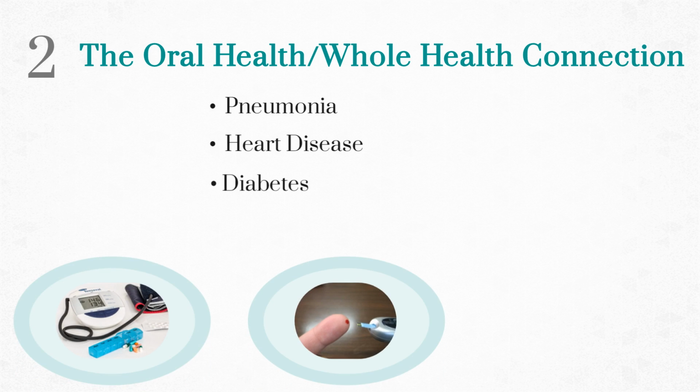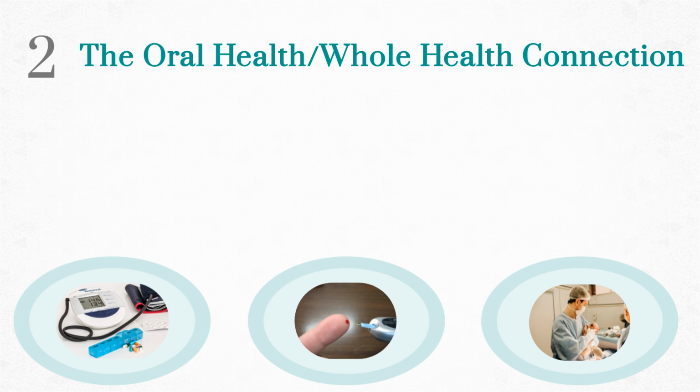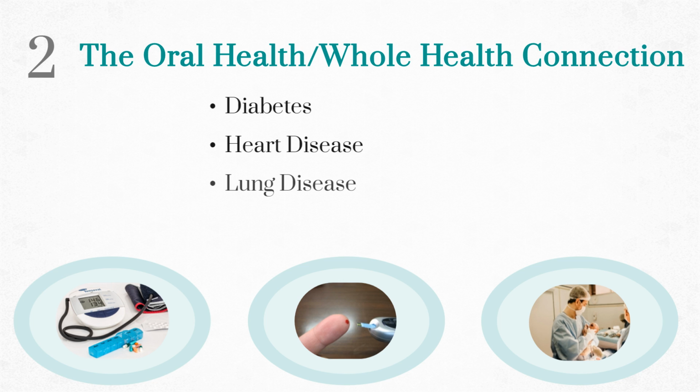It is also linked to problems in pregnancies. Recent research has even shown that simple gum therapy in a dentist's office can actually improve outcomes related to diabetes, heart disease, lung disease, and pregnancy. Helping people understand that their oral health affects their whole health is one important role you can play in supporting the people you work with.